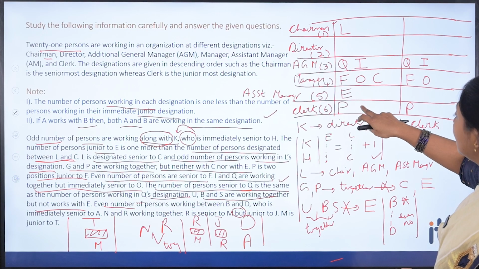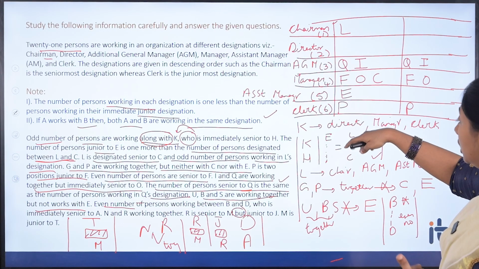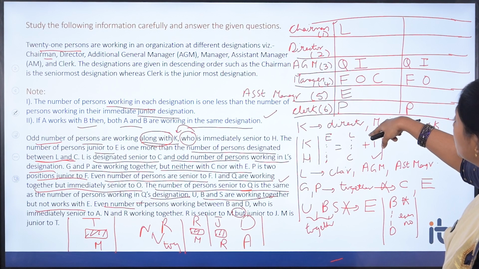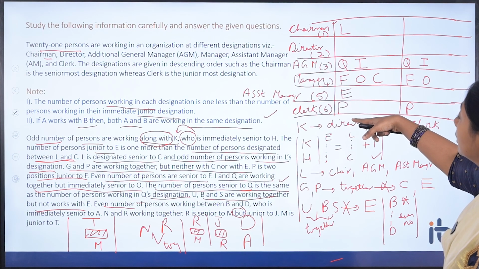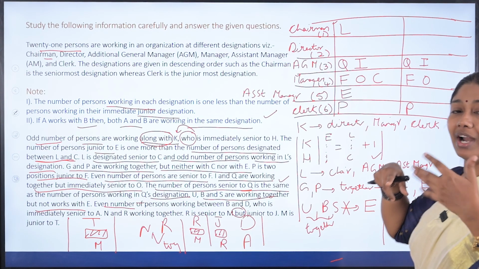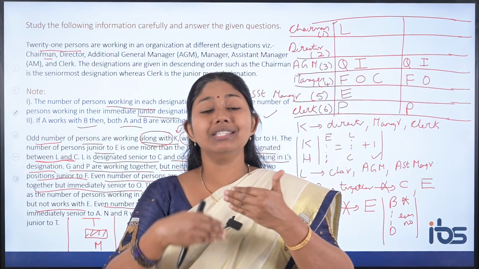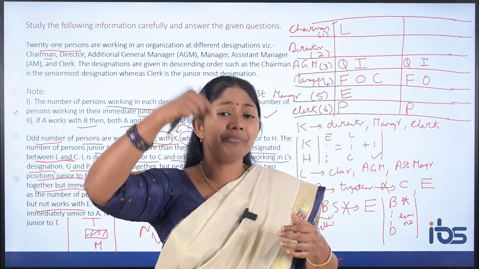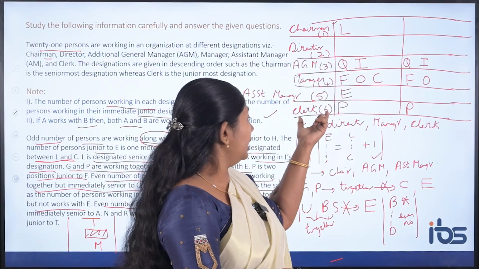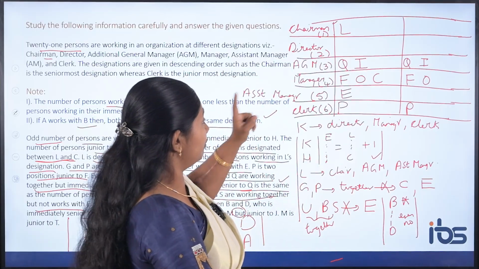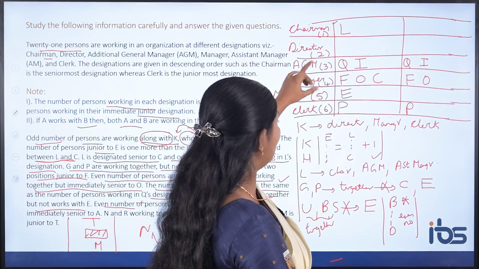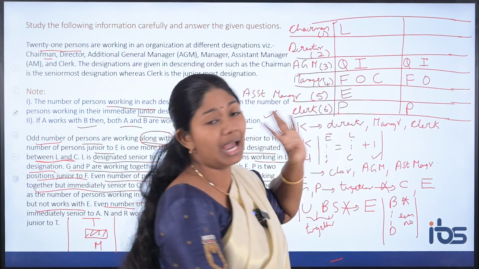So E cannot be a clerk, because if nobody is junior to E, that value cannot be one more than the persons between L and C. So the only condition where E is satisfying is assistant manager.